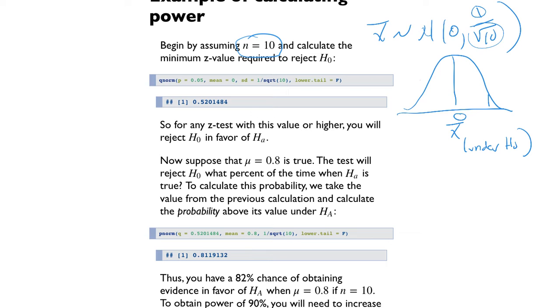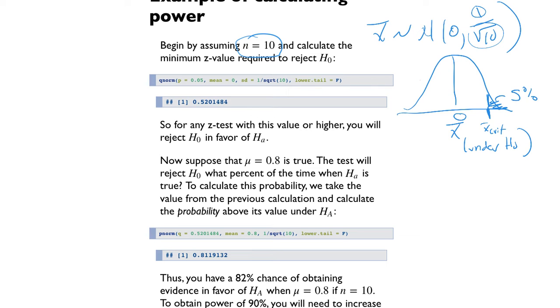Then I want to find a value so that there's only 5% beyond it, because that means if I got an average in my data that was this big or bigger, I would reject. This wouldn't be the z crit, because it's on the scale of the mean, so I'll call it x bar crit. If I converted everything to a z statistic and looked at the standard normal, I would reject there, but in this case we'll just do this on the scale of the original average, so we won't standardize by dividing by the standard error.